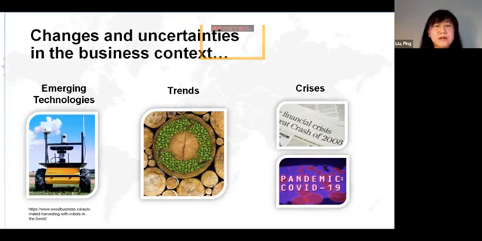Bioeconomy strategy has been on the agenda of more than 40 countries worldwide, including the US. And also the disruptive crises, such as the recession in 2008 or the ongoing pandemic, add more uncertainties to the business environment.